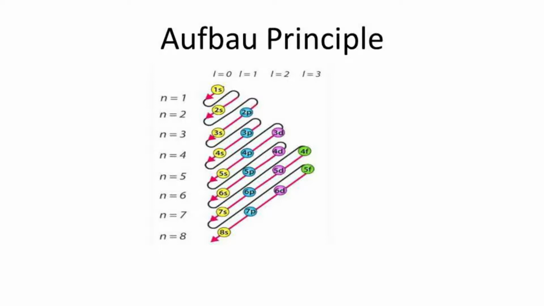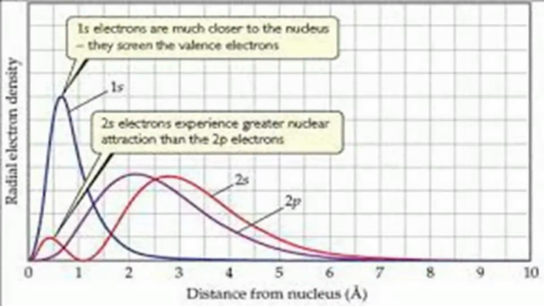Let us try to understand this energetics. Now see this diagram. It represents radial distribution for various orbitals. Radial electron density is on the y-axis and distance from the nucleus is on the x-axis.